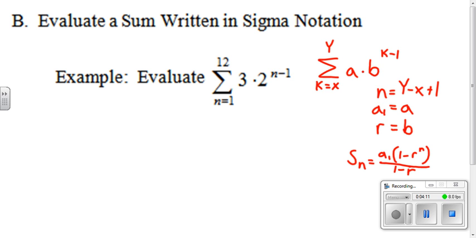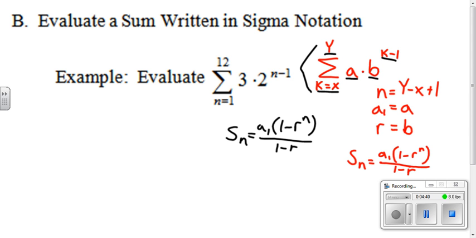If we are given something in the form of sigma notation, where y is on top, k equals x is on bottom, and then we have an equation a times b to the k minus 1, then we need to go back to our S sub n equals a sub 1 times 1 minus r to the n all over 1 minus r, but we don't necessarily know what a sub 1, r, and n are. But we can find those out just as easily.